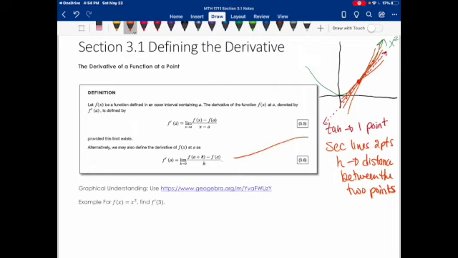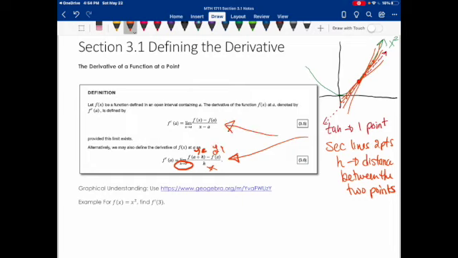So that's where we have two equations in the definitions, and either one will work. That's where this h comes in as the h gets smaller and smaller. So as the limit as h approaches 0, we are finding the difference in the y's, my y2 minus my y1, over the difference in my x's, which is the distance between the two x's, which is our h.